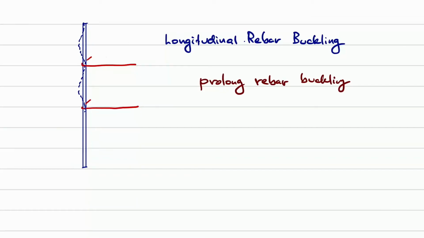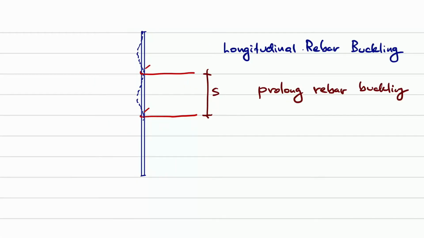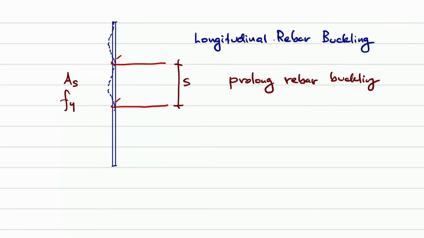You can see the spacing, right? Your rebar area is As, nominal yield strength Fy. The thing is that you need your rebar to mobilize compressive strength up to Fy.